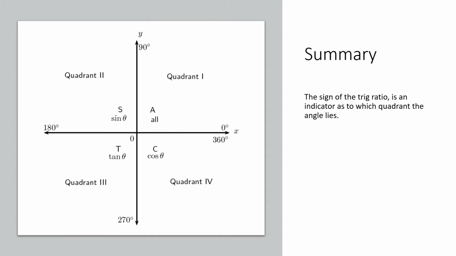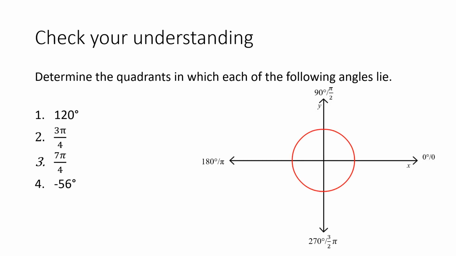And as you can see in our diagram, in the first quadrant, all the ratios are positive. In the second quadrant, only the sine is positive. In the third quadrant, only the tangent is positive. And in the fourth quadrant, only the cosine is positive.